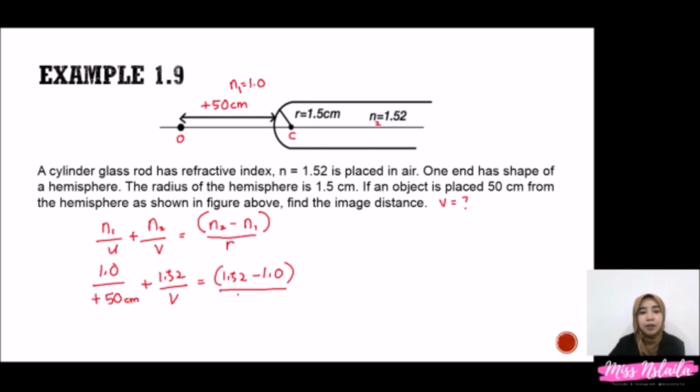R will be positive 1.5 centimeter. From this equation, you will get the image distance V, which is positive 4.65 centimeter. Based on the sign convention table, positive V shows that the image is real and forms on the opposite side of the object.